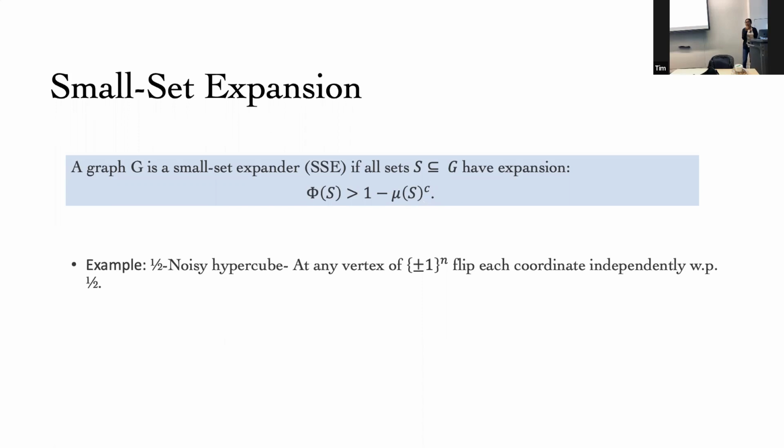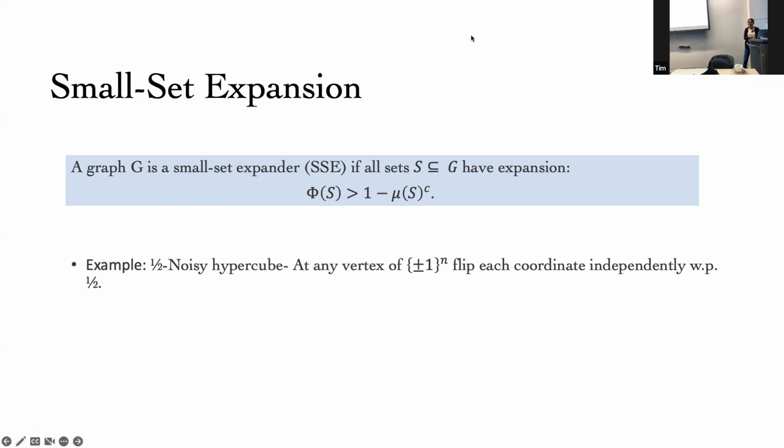Yeah, so if you take this flipping probability to be close to 0, like you don't really flip with probability half, then C gets smaller and smaller. Okay, yeah, so sorry about that.